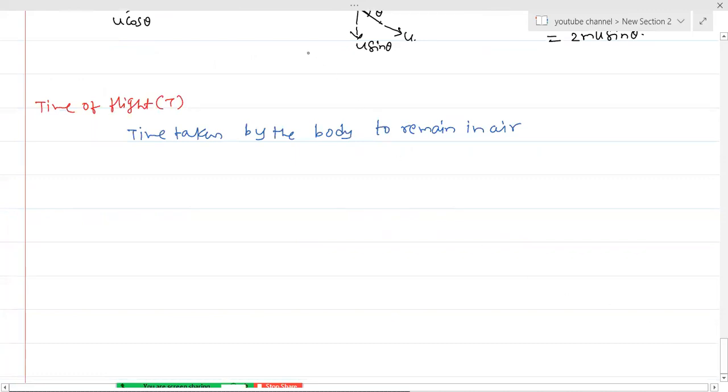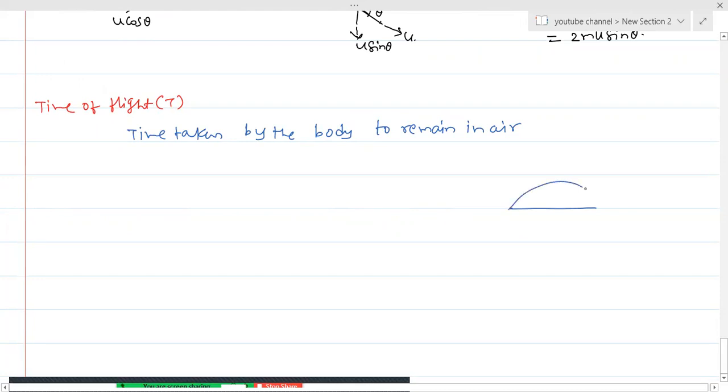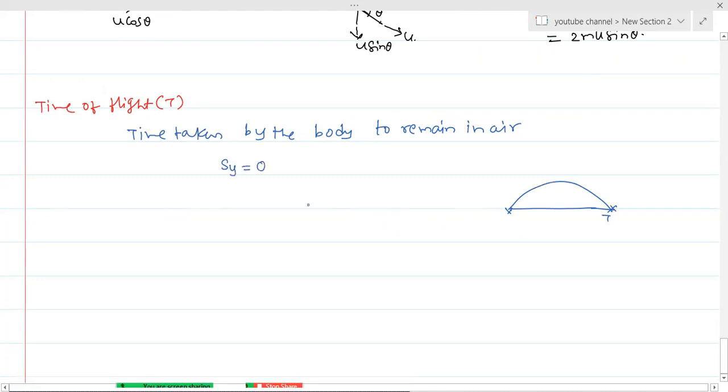For example, in this oblique projectile, during the time T the body will again be at the same level. Therefore the vertical displacement is 0, because there is no deviation along the y-axis. As the body reaches the same horizontal level, the y component is equivalent to 0.